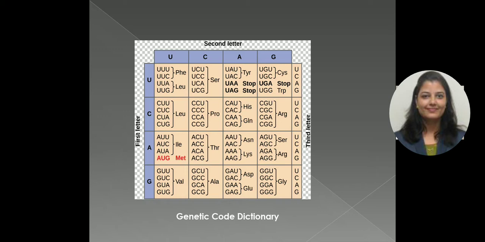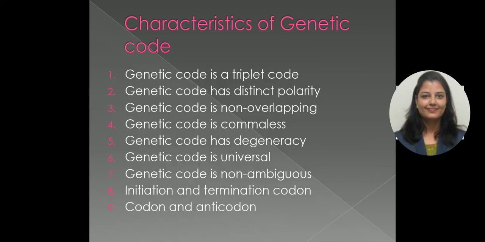So that is how they are making a combination of three nitrogenous bases, and here 64 genetic codes are present in the pair of 3 codes, and every genetic code is specified for a specific amino acid. Here you can see in the dark bold letters UAA, UAG, these are the stop codons, and UGA, this is again a stop codon. So that is how they are specified for specific amino acids.